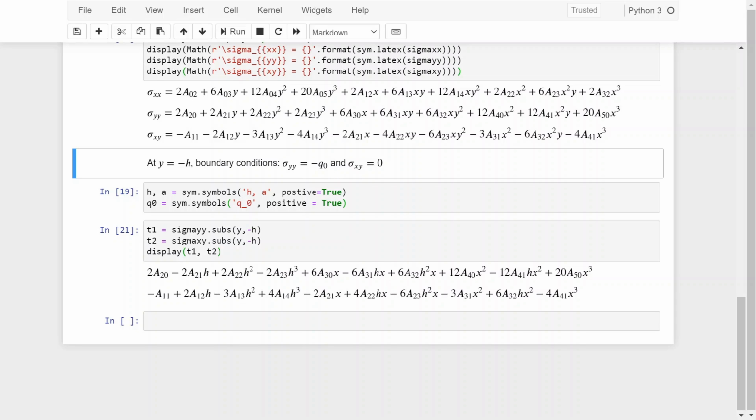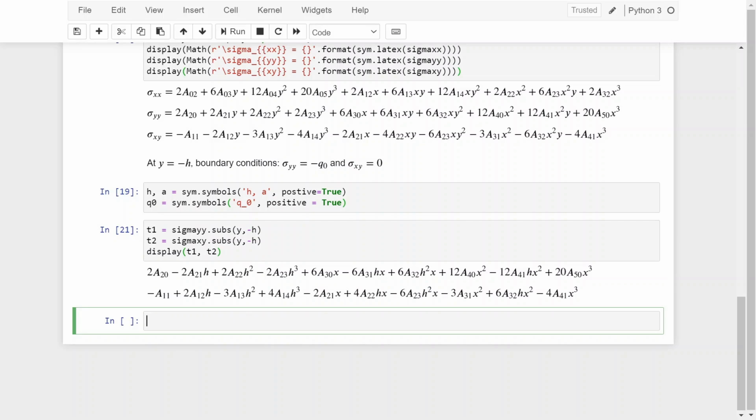Because we have these various terms in the T1 expression, which have x cube, x square, x, as well as the constant terms, and we have to set this equal to minus Q naught, which happens to be a constant, we must ensure that it is only the constant terms which are equal to minus Q naught, and the coefficients of x in this T1 expression are equal to 0, the coefficients of x squared are equal to 0, and the coefficients of x cubed are equal to 0. This is a very, very important point. So we'll do that immediately.